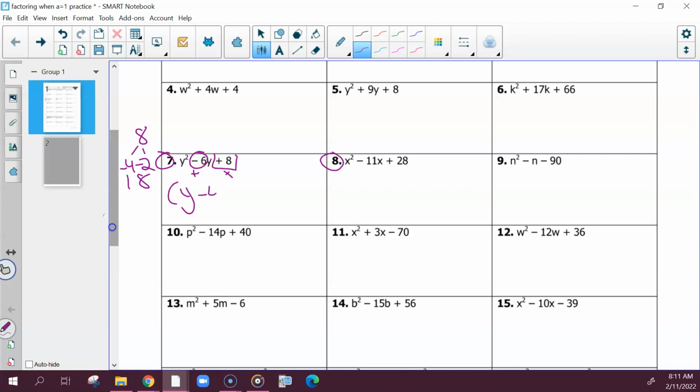So we'd have y minus 4 and y minus 2. So both positive, both of your numbers are positive. Positive, negative, the smaller number is negative. Negative, positive, they're both negative.